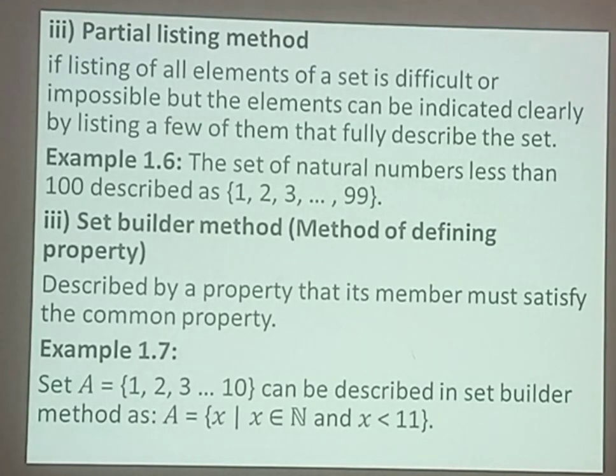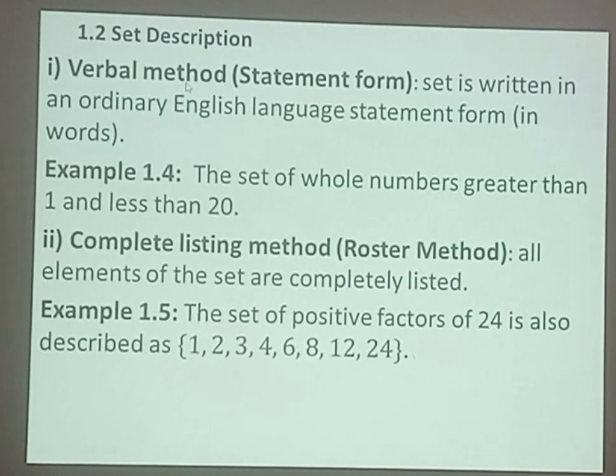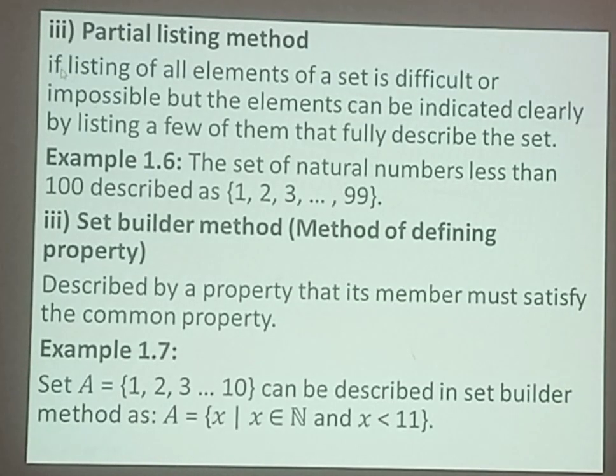The third one is the partial listing method. For this partial listing method, if listing all elements of the set is difficult or impossible, that means you cannot list as in the complete listing method. If you cannot list completely, then you say what? Partial listing method. Then you use 3 dots and indicate the list by listing a few elements of them.